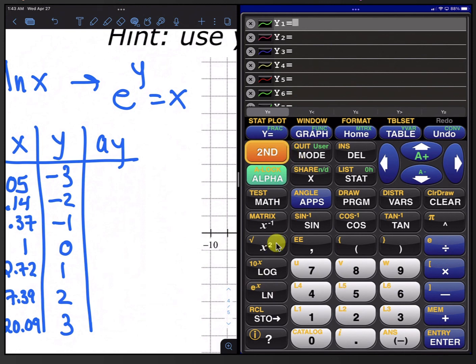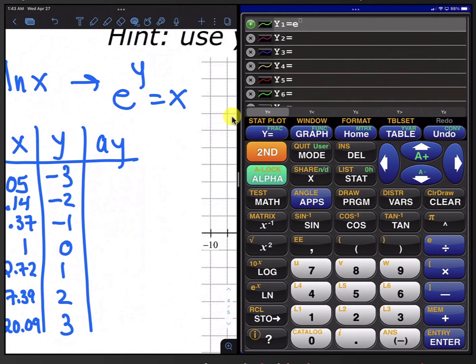So second button, and then this e to the x here. As you can see on that line, it says it's got e raised to some power. And then we'll just put an X there by pressing the X button. So now we have e to the x.